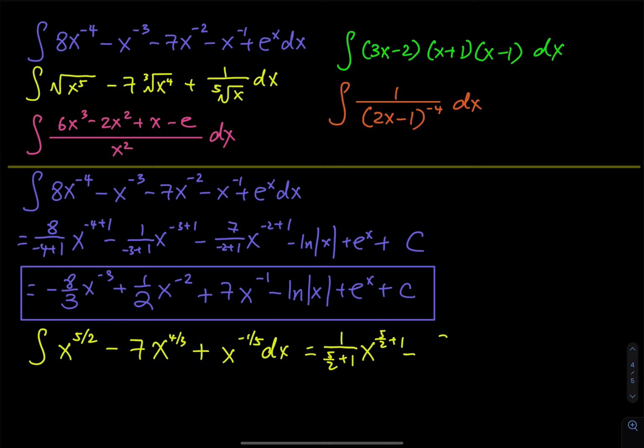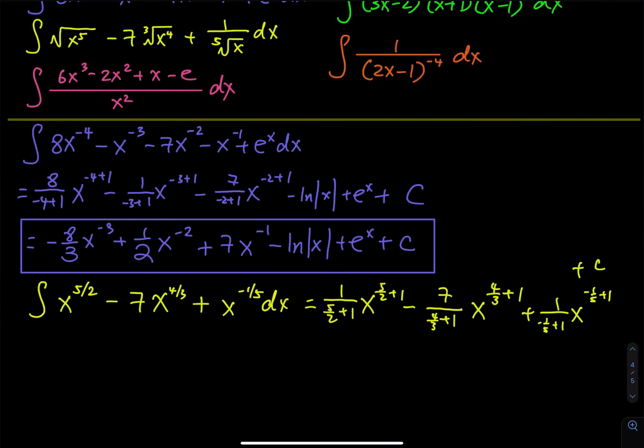And then the next step, 7 divided by, so this we take 4/3 plus 1, put that in the denominator. And then the last one, we have x to the -1/2 plus 1, and then we put that in the denominator. I know we have a plus c, so we just put the plus c over here.